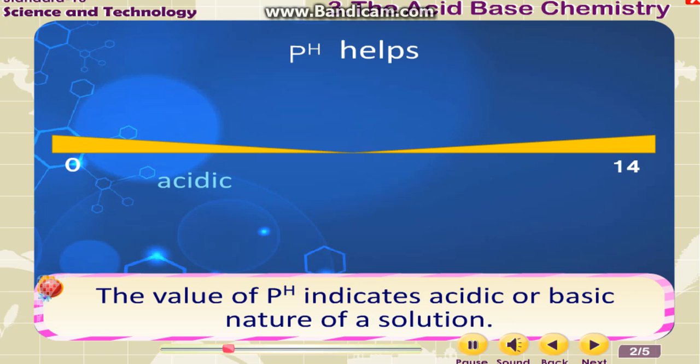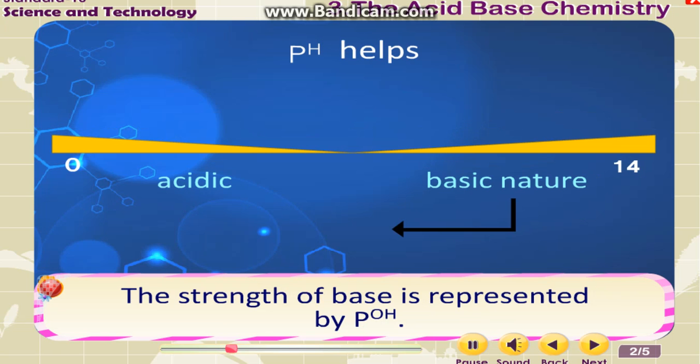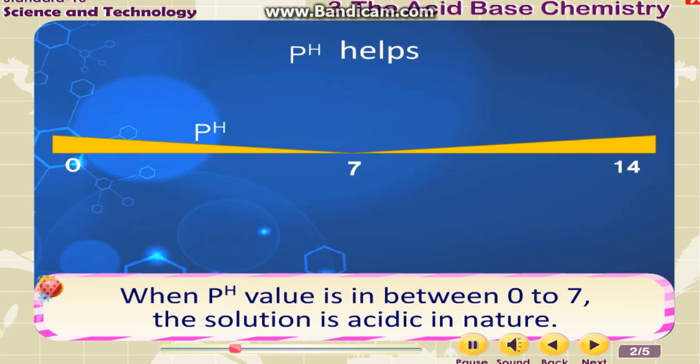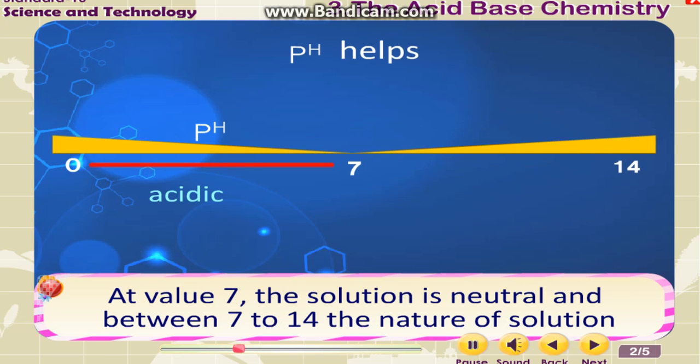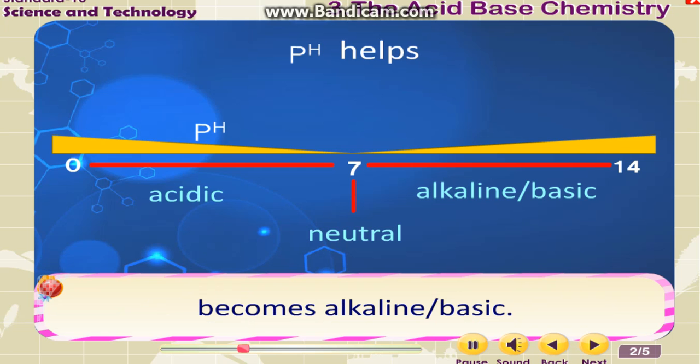The value of pH indicates acidic or basic nature of a solution. The strength of base is represented by pOH. When pH value is in between 0 to 7, the solution is acidic in nature. At value 7, the solution is neutral, and between 7 to 14, the nature of solution becomes alkaline or basic.